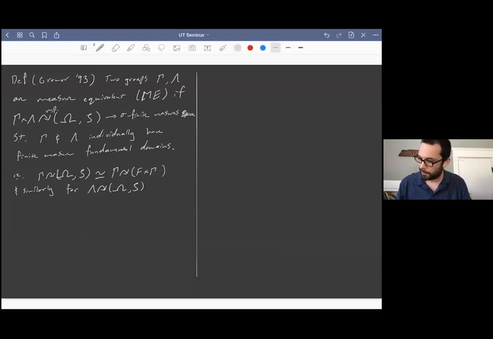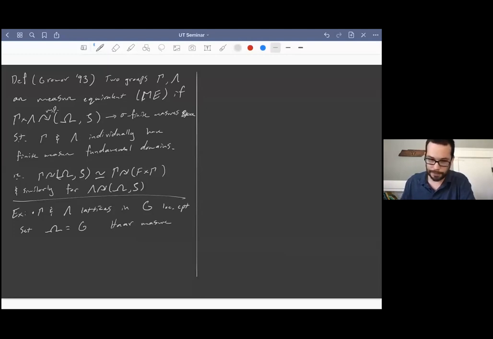So let me first give you some of the main examples. One main, motivating example is if we have gamma and lambda lattices in some G, which is locally compact. So then what can we do? We just set omega equal to G itself with Haar measure.